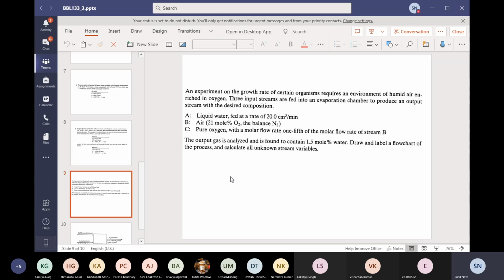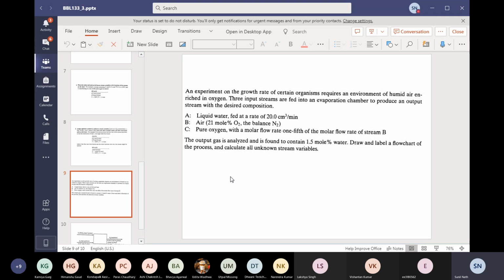So what is the difference between this question and the earlier question? Again, there are some similarities, some additional aspects. Similarity: still we have a single process unit. The number of streams has now increased. It's no more just benzene, toluene.